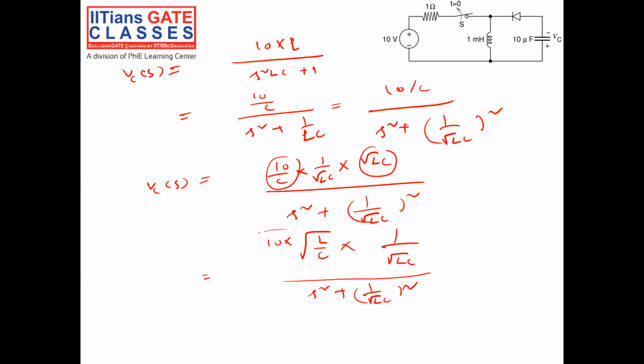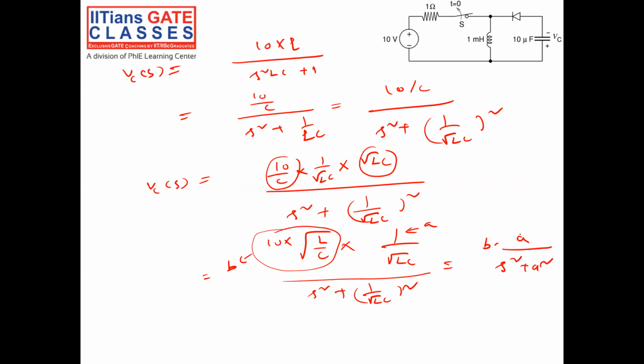So let us take this as a constant B, and 1 by root LC as A. So I got B into A by S square plus A square.